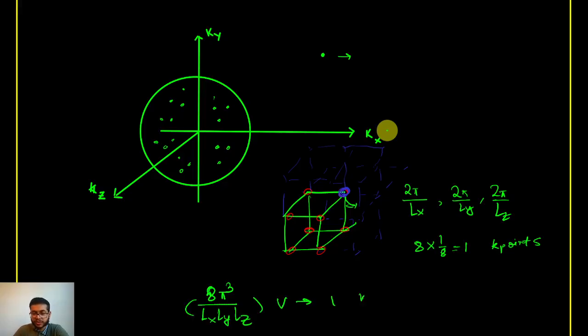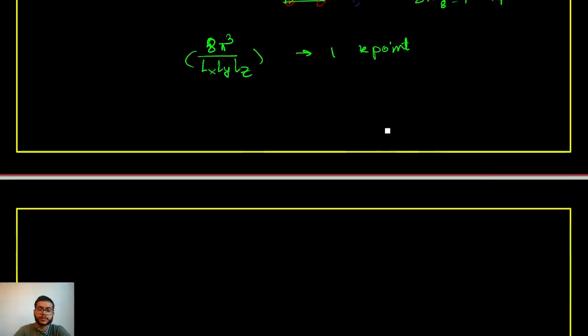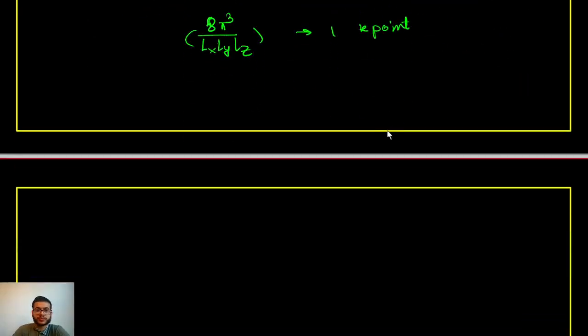volume hosts 1 k point, right? So it's a basic unitary method.